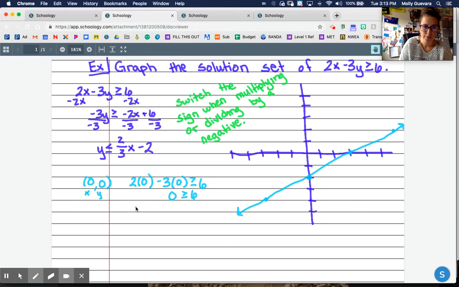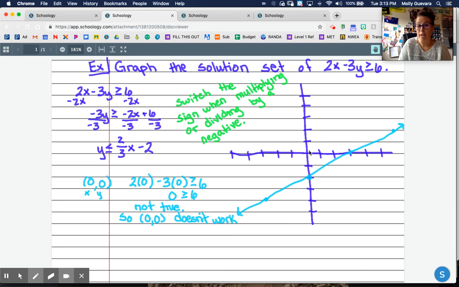No, right? So not true. So the point 0, 0 does not work.